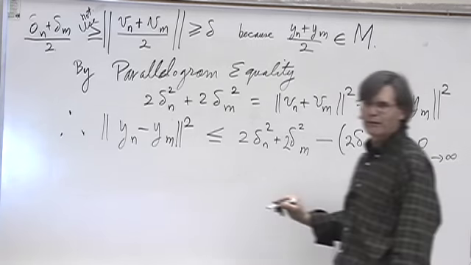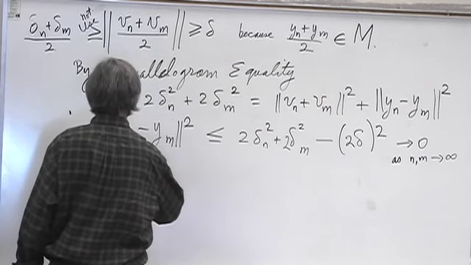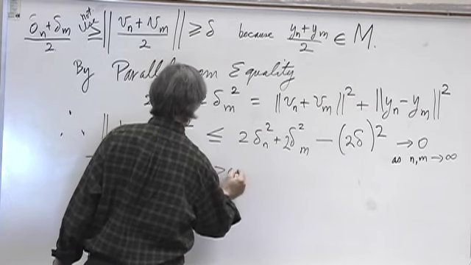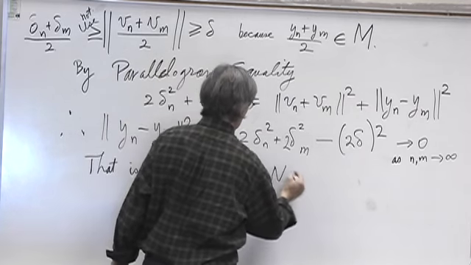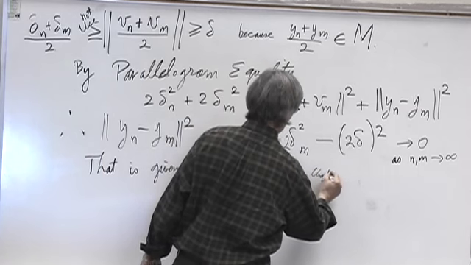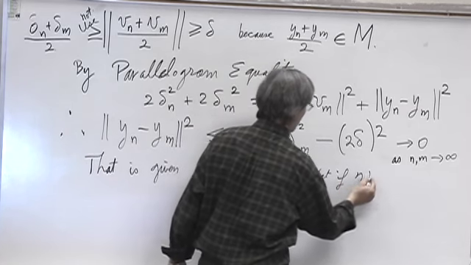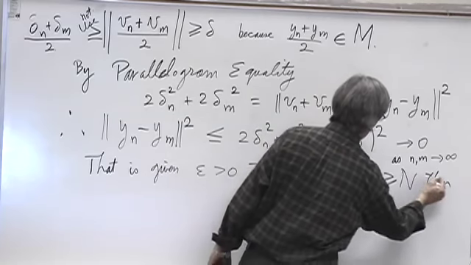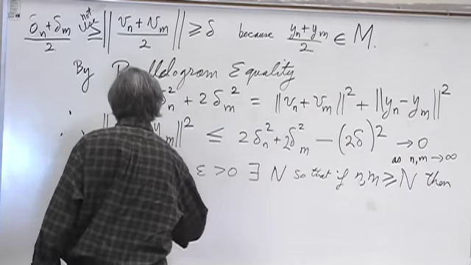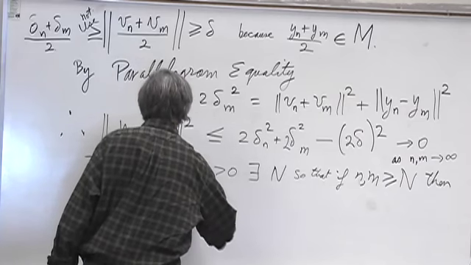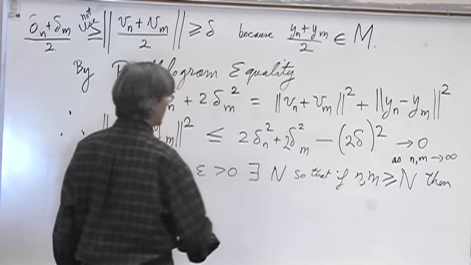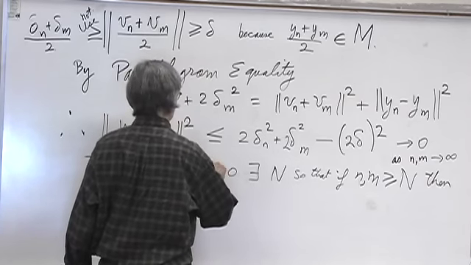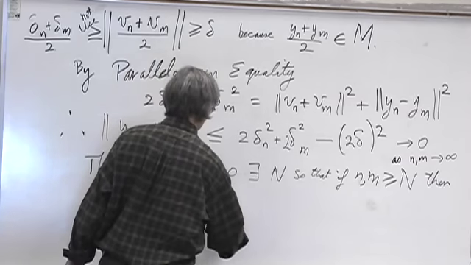That is, given epsilon greater than 0, there exists a capital N, so that if n and m are greater than or equal to capital N, then the norm Yn minus Ym squared is less than epsilon squared.